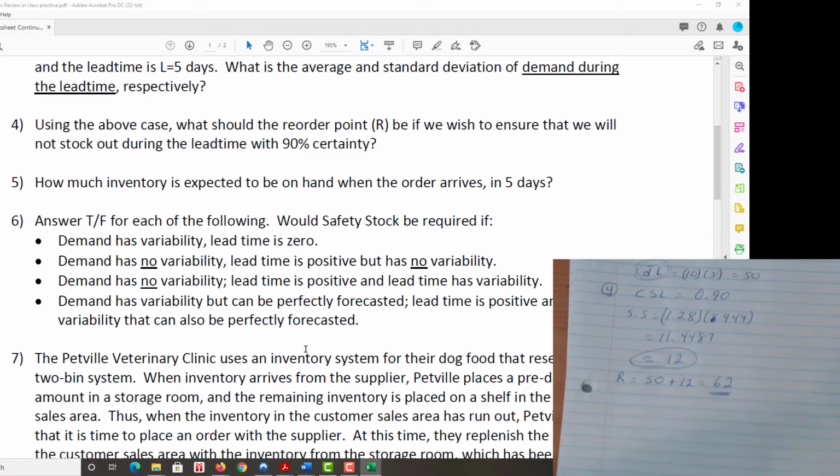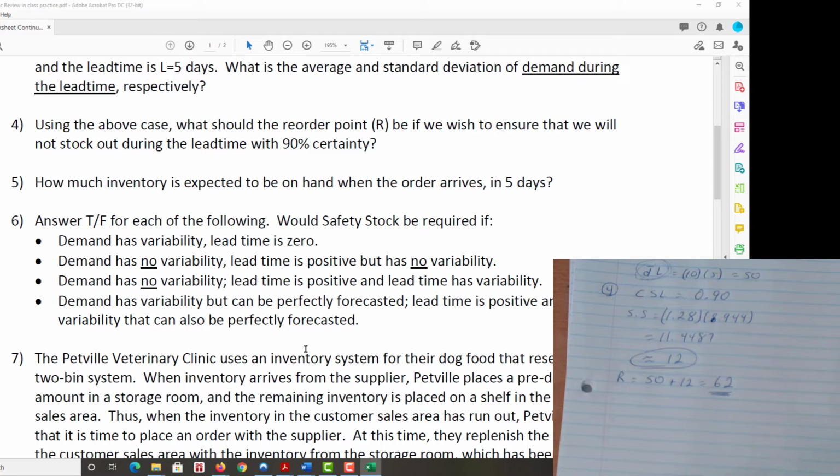Demand has variability, okay, but can be perfectly forecasted. Lead time is positive and has variability that can also be perfectly forecasted. Essentially what that's telling us is, yes, demand changes, but we know what the change is at any moment.